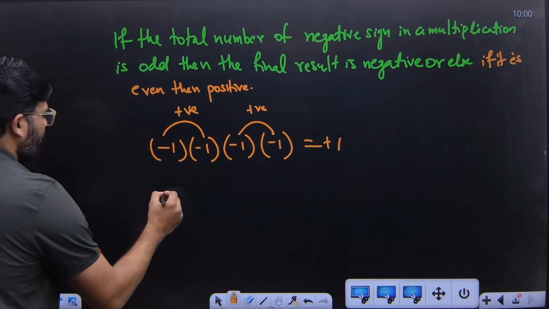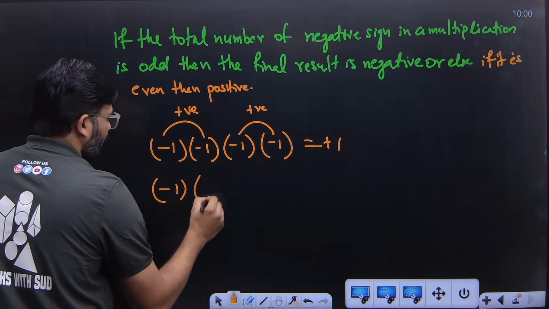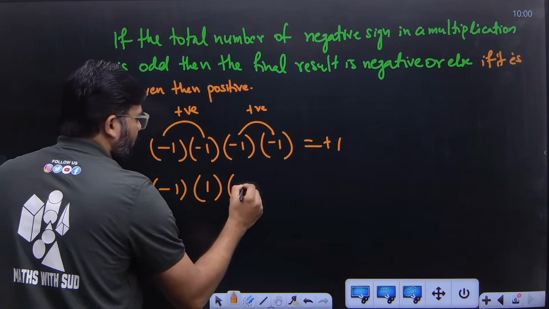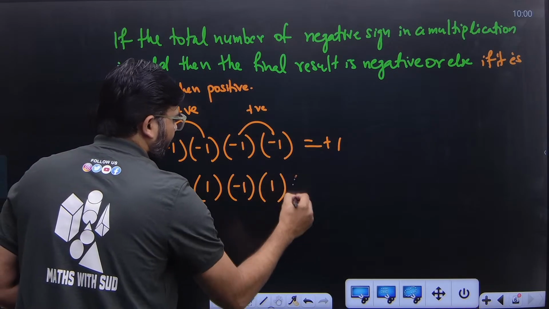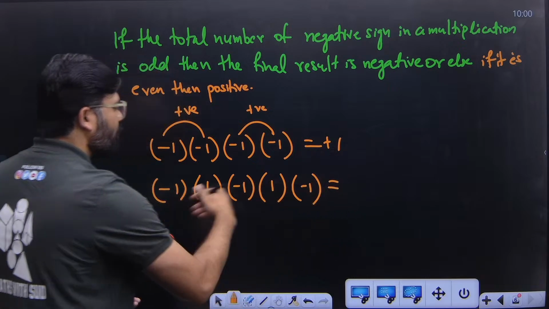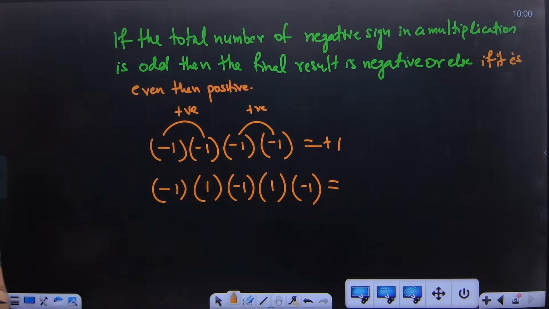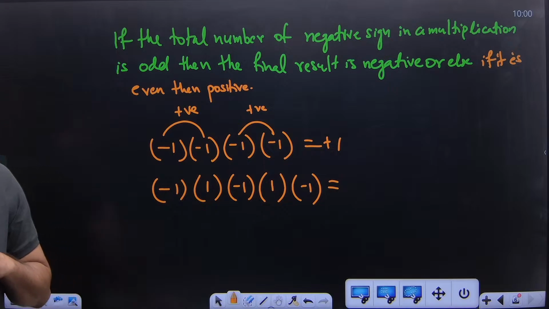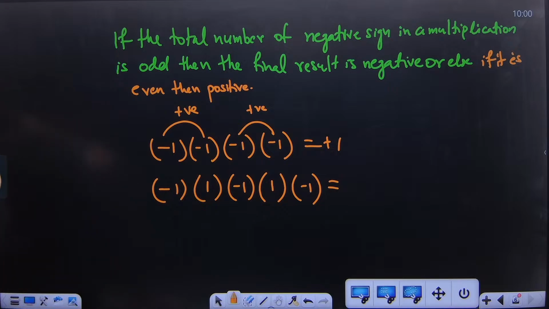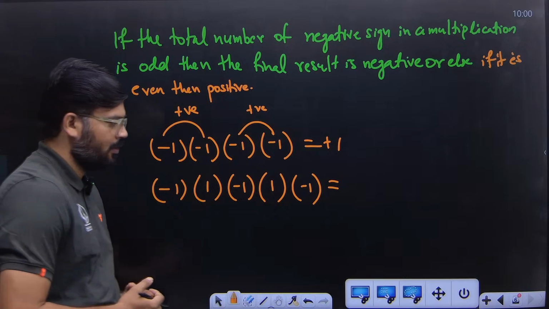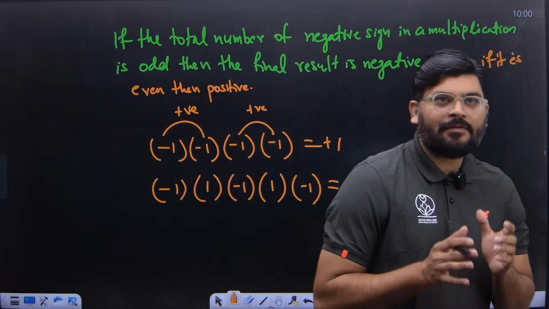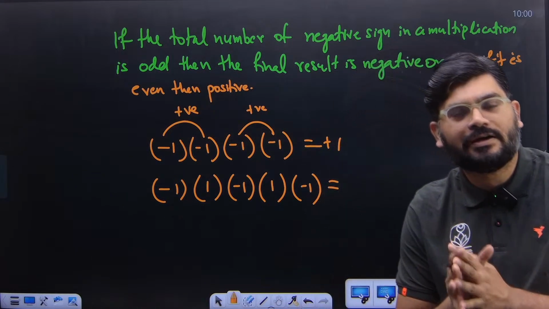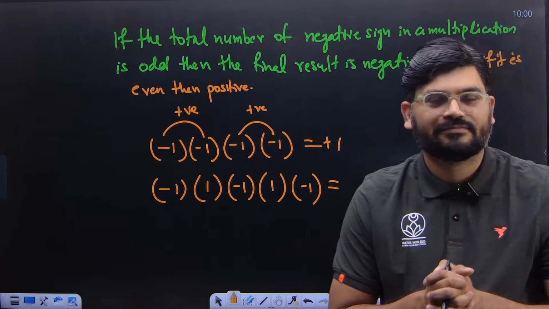Suppose I ask you negative 1 into 1 into negative 1 into 1 into negative 1. Tell me what will be the answer. Will it be positive or negative? Tell me how many negative signs are there? 3 negative signs.